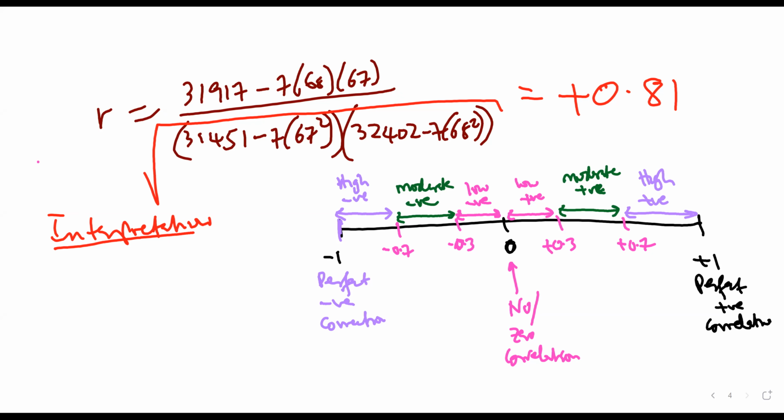For example, in our earlier illustration, we got r is plus 0.81, which clearly falls in that interval. So we can argue that there is a high positive correlation between the variables X and Y. So that is the interpretation of that value of correlation coefficient.